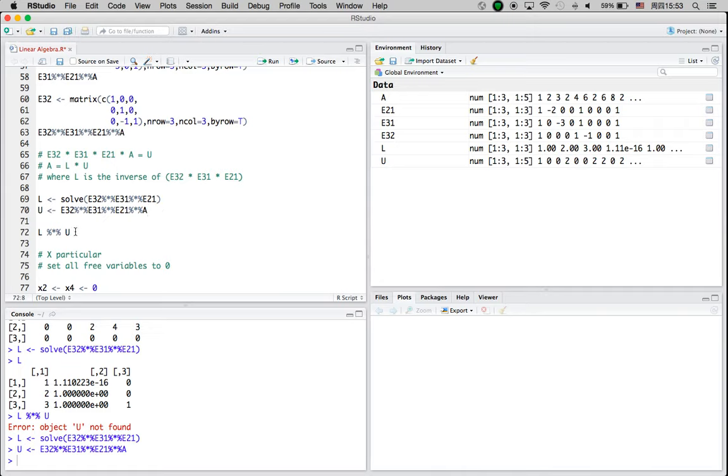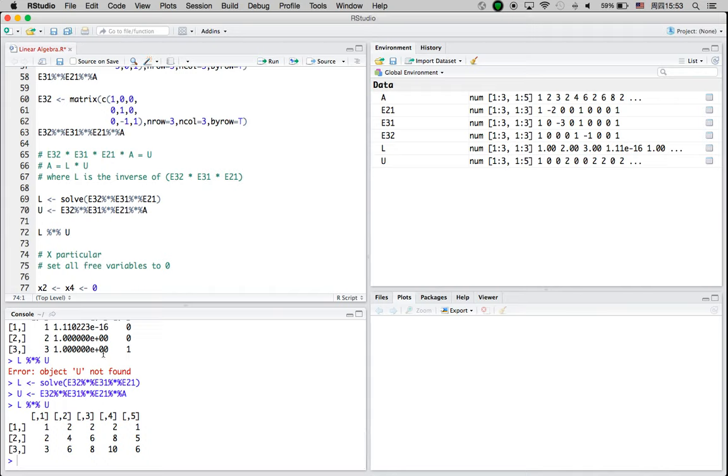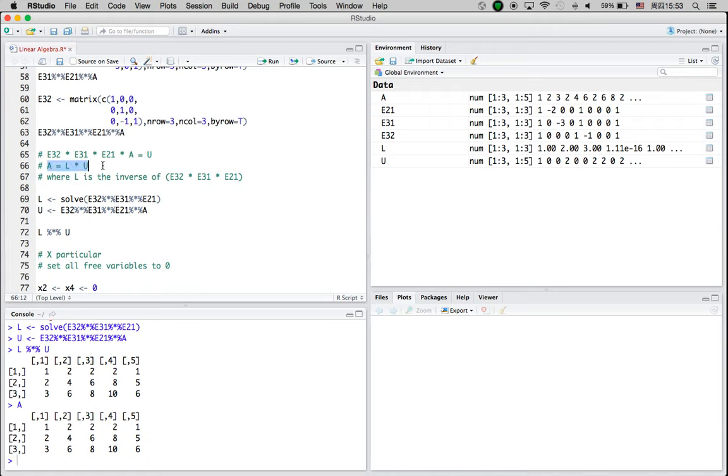So the result for LU is actually A. This is called the LU or LDU, where you can also factor out the diagonal of the U matrix. This is called the LU factorization of matrix A, so that the left hand side is equal to the right hand side.